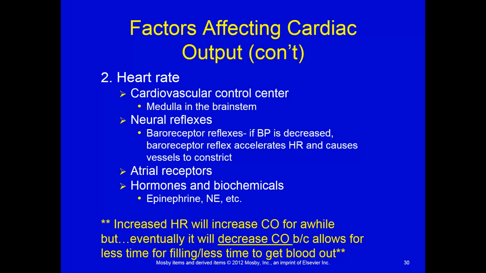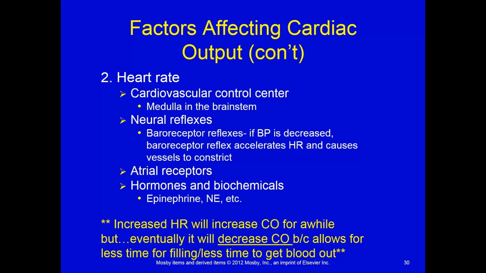Another thing that can certainly impact our heart rate is neural reflexes. We have, as you know, baroreceptors throughout our body that sense when our blood pressure is low. What do baroreceptors tell our heart rate to do if our blood pressure is low? If we're hypotensive or our blood pressure is low for other reasons, what do the baroreceptors do after they sense that the blood pressure is low?